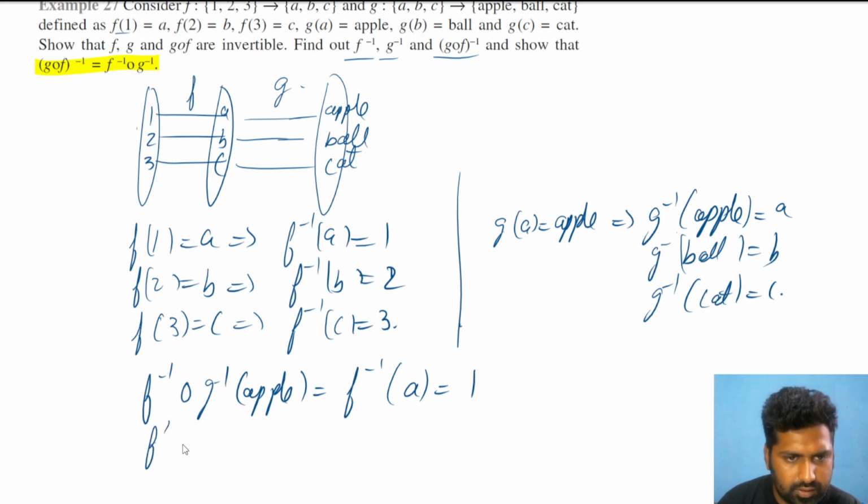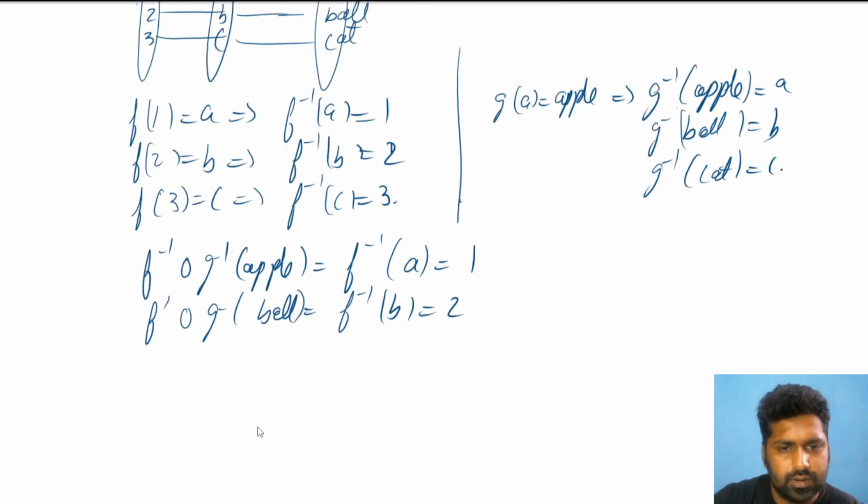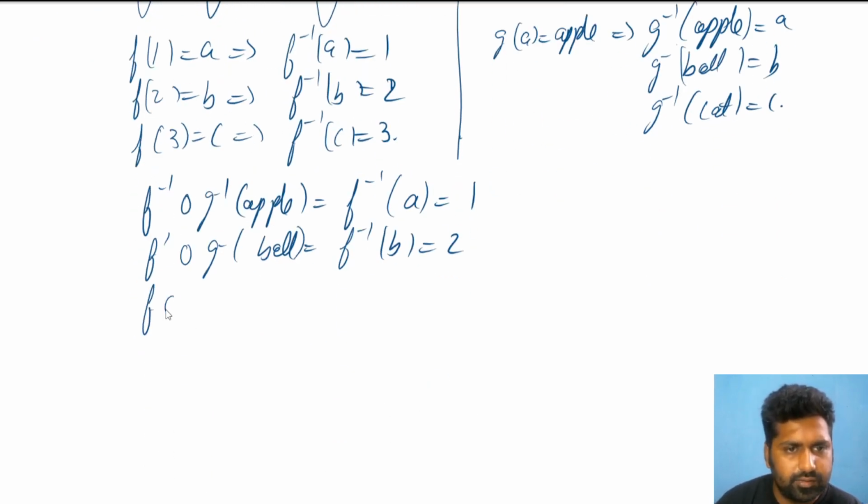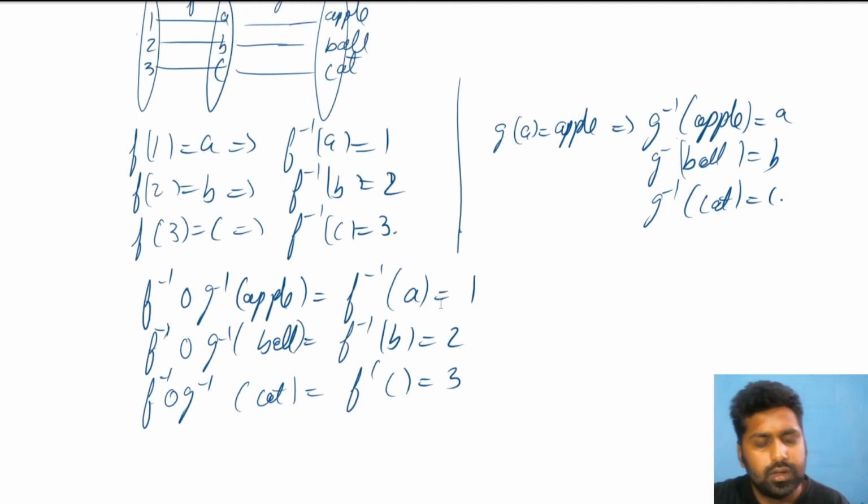Similarly, g inverse of ball is B, so f inverse of B is 2. Similarly, f inverse of g inverse of cat: this is f inverse of C, that's 3.